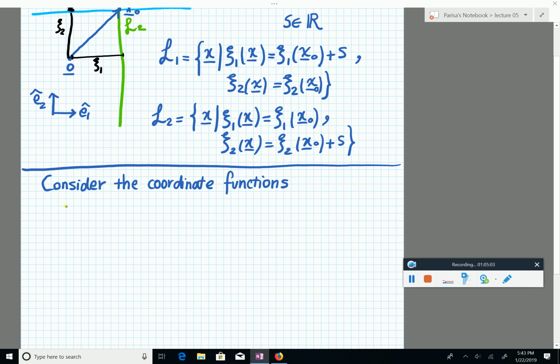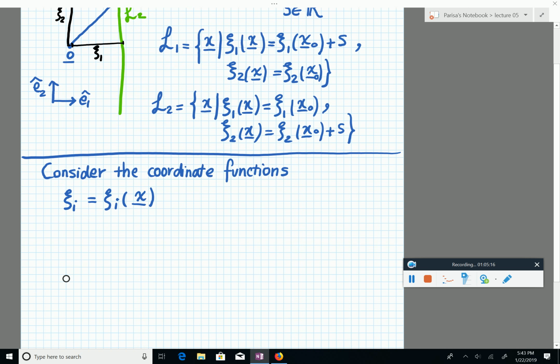We just learned that we have this mapping which gives us the coordinates, and it's basically a function of x. What kind of a function? The scalar. We saw that what you get are just numbers. So a scalar valued function of points.